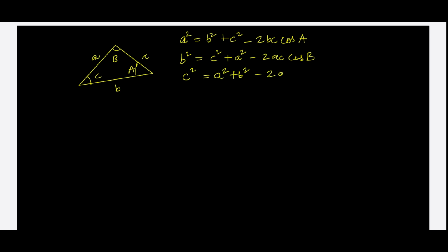A squared equals B squared plus C squared minus 2BC cos A. B squared equals C squared plus A squared minus 2AC cos B. C squared equals A squared plus B squared minus 2AB cos C. And if you have a right angle triangle, just for the sake of completeness, with angle theta, A is C cos theta and B is C sin theta.